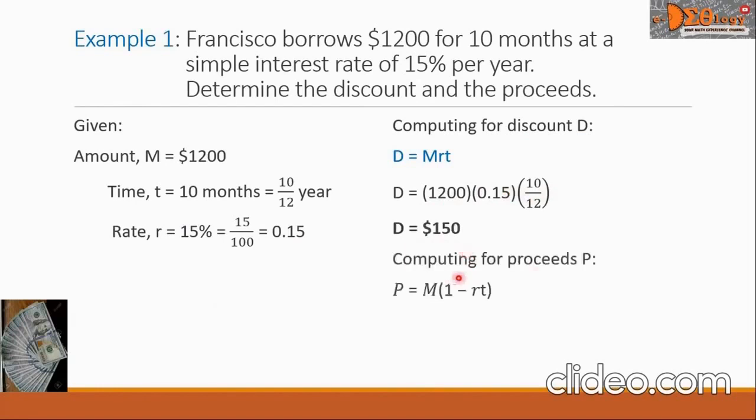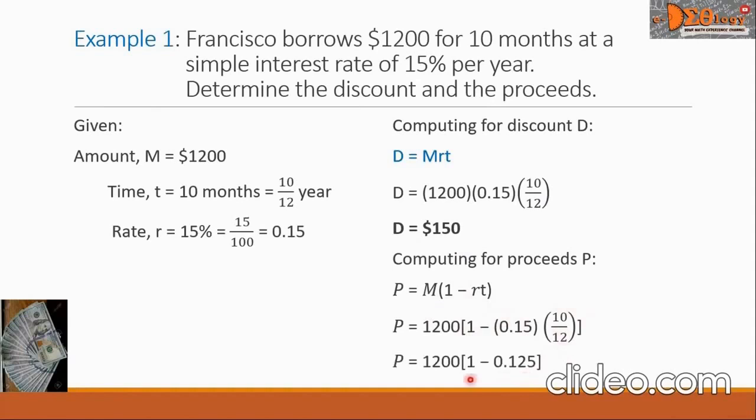Next is the computation for proceeds P. This is our formula. P equals M times the quantity 1 minus RT. Let us substitute the corresponding values. The M is the 1,200. 1 is a constant. Then minus R is the rate 0.15 and the time is 10 over 12. Let us simplify this product first, and we will get 0.125.